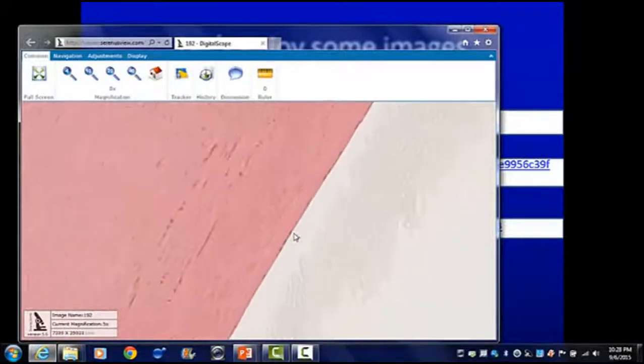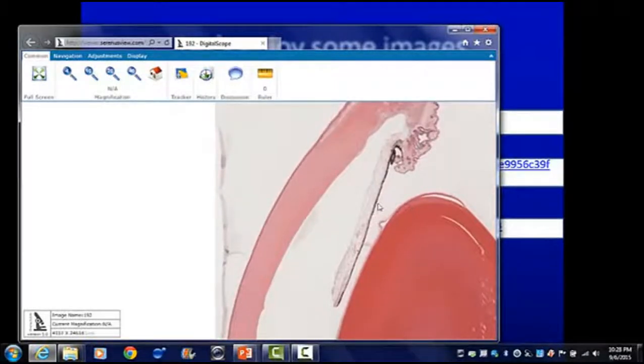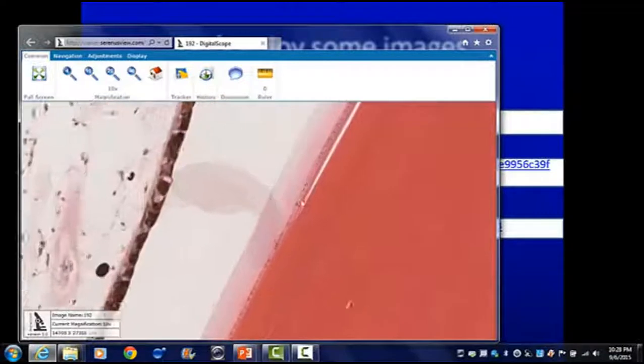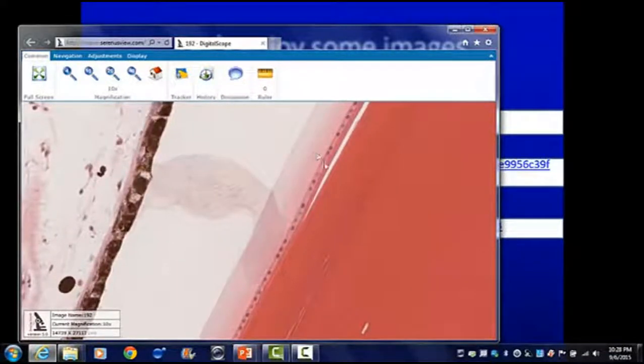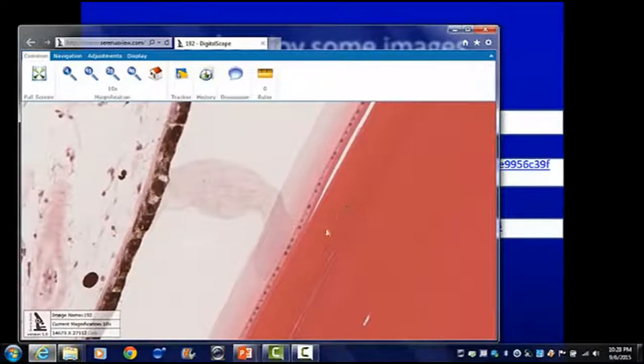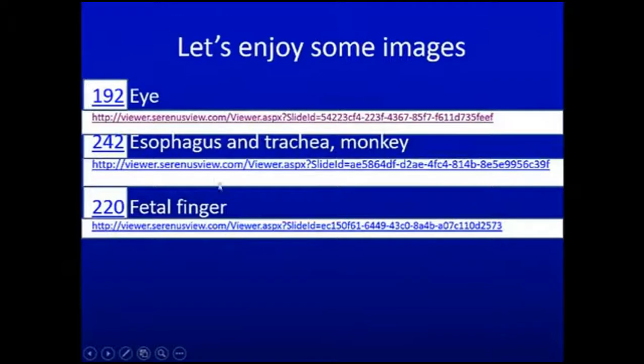Actually, it's the endothelium. It's a certain type of epithelium known as endothelium. We also have epithelium on this side. You see the epithelial cells through there. In fact, the whole lens is composed of epithelial cells that we were seeing.